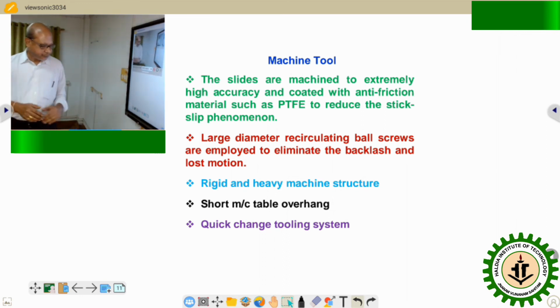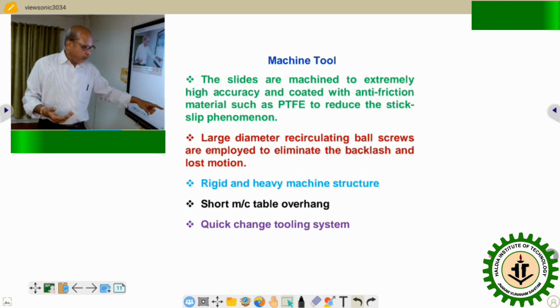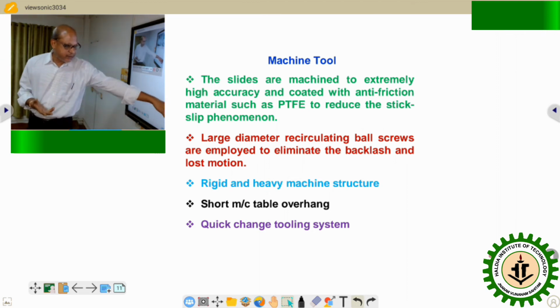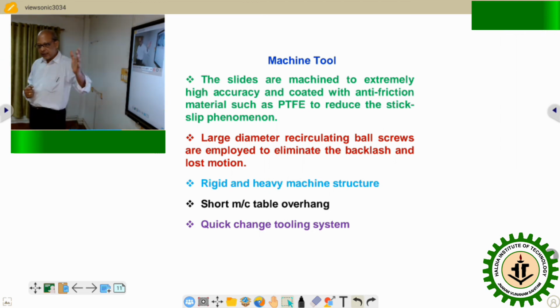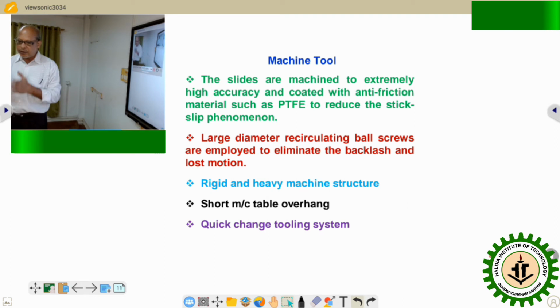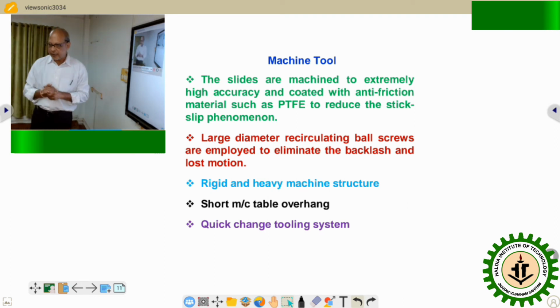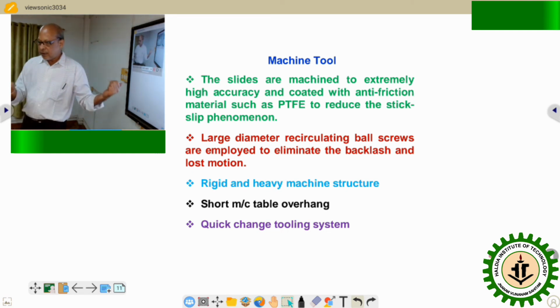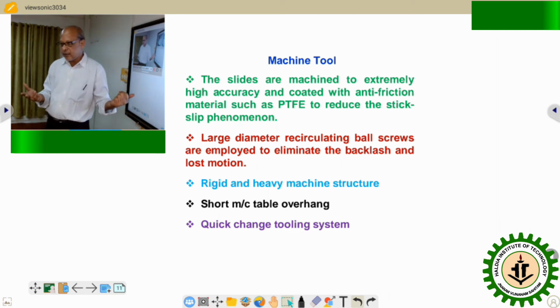Another area which also helps to boost productivity is the quick change tooling system. In your conventional lathe or any other machine tool, if you go for the replacement of the cutting tool, it will consume a significant portion of your idle time, which does not contribute to your productivity. So this much wastage of time in CNC can prove havoc and will not contribute to productivity, or rather increases your cost.